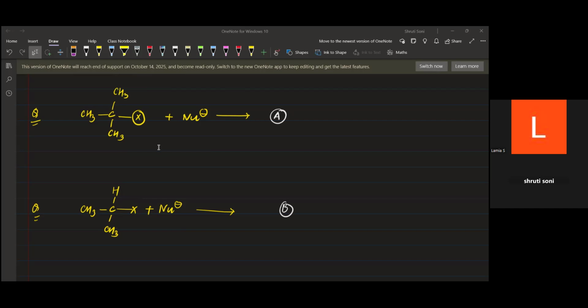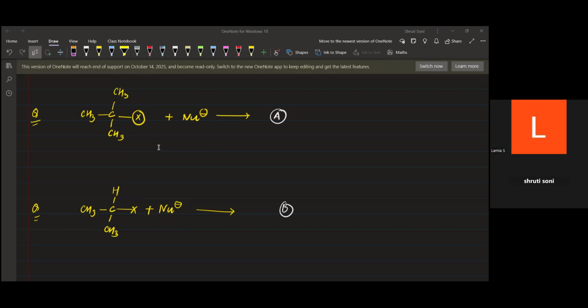I can tell that the first one is going to be more stable. Why? The carbon has more degrees, and there's more hyperconjugation. Absolutely. And in the second one?